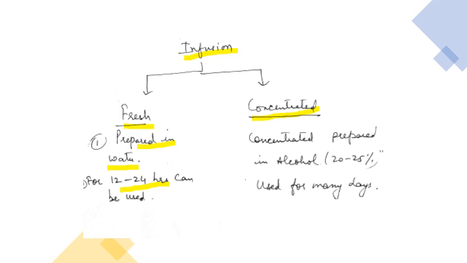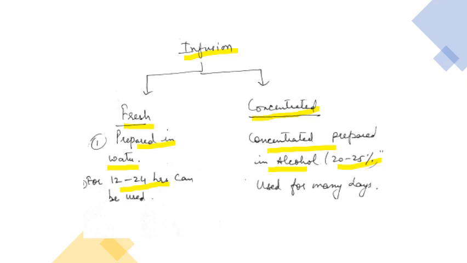And what is the concentrated infusion? The concentrated infusion is prepared in the menstruum alcohol. How much alcohol is to be taken? That is 20 to 25%. If you have taken that as a menstruum and you are preparing your extract or infusion in the alcohol, it can be used for several days.